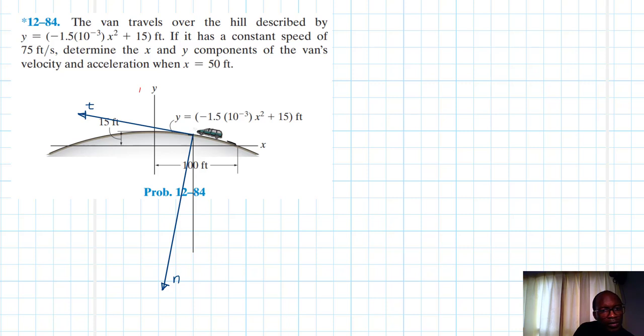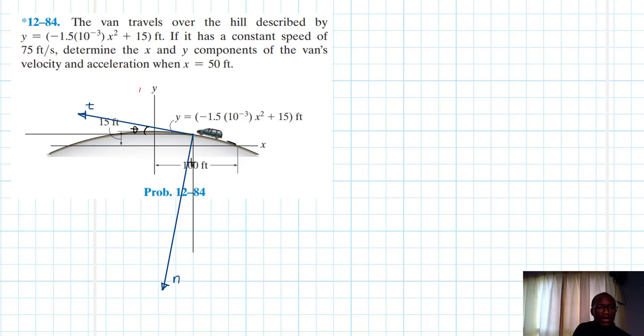I'll need the angle, maybe that angle there, like so. I'll need this angle that I'm going to call theta.